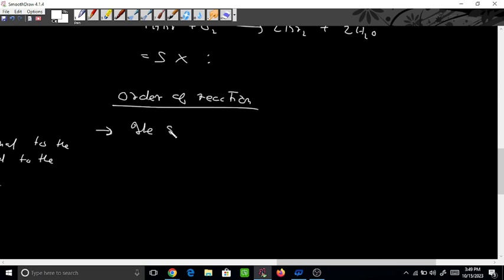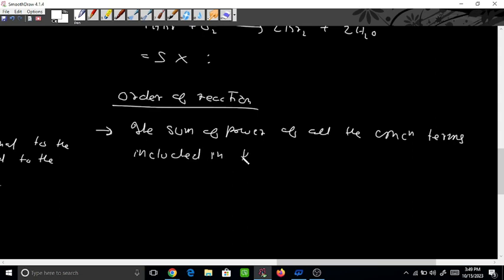Write it down: the sum of the powers of all the concentration terms included in the rate law. It means we had one reaction of n1A plus n2B plus n3C, it gives product.